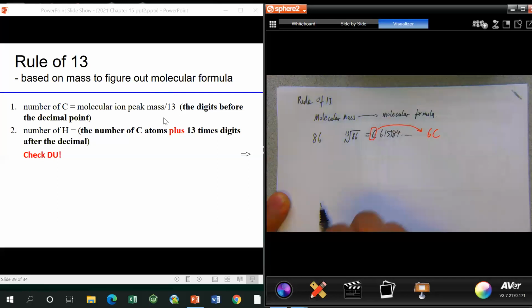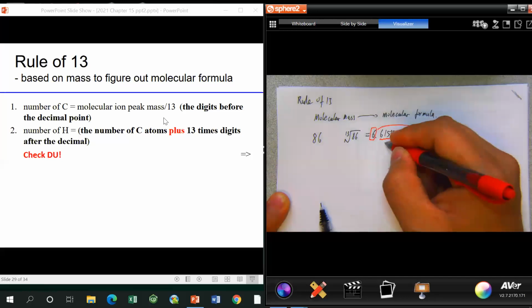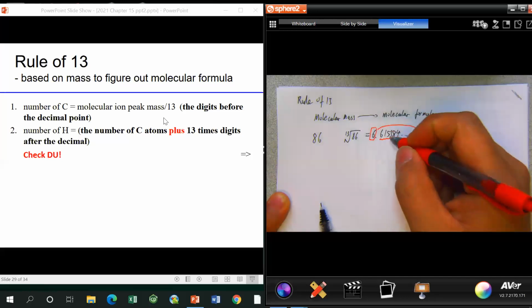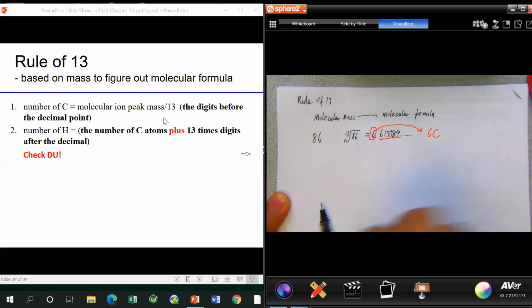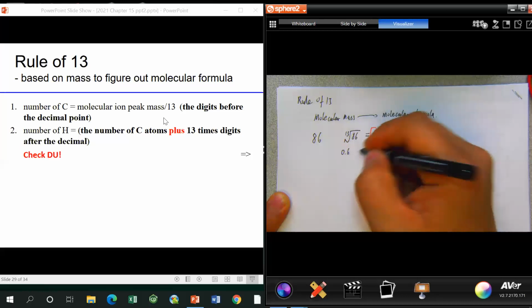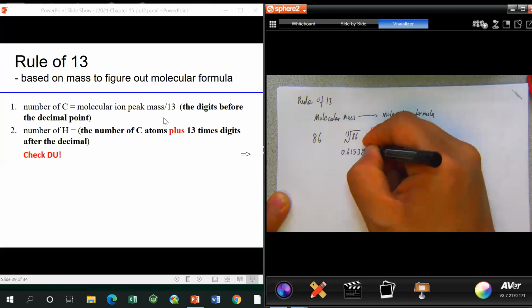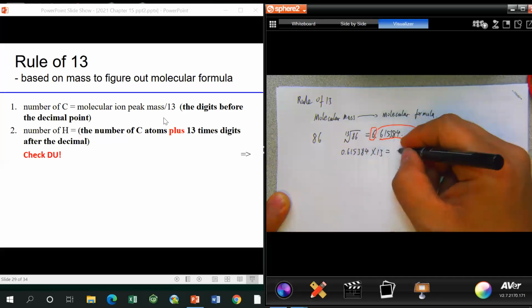And then second, the number after the point, you times 13, plus the carbon number. That gives you the hydrogen number. So now we do some math. This one, 0.6 1538, times 13, should give you 8.